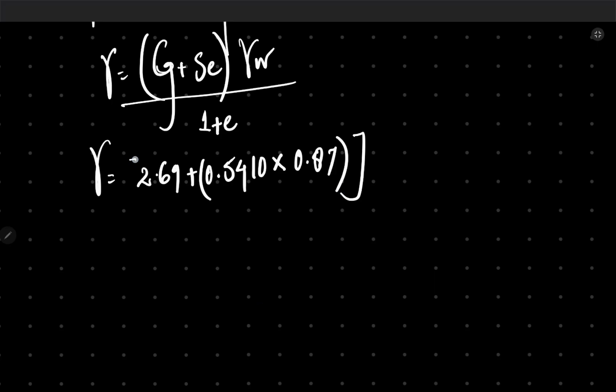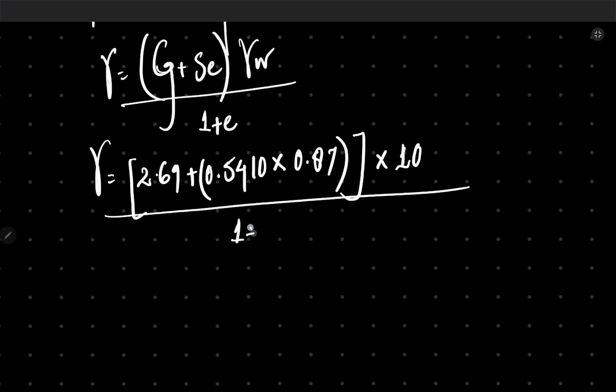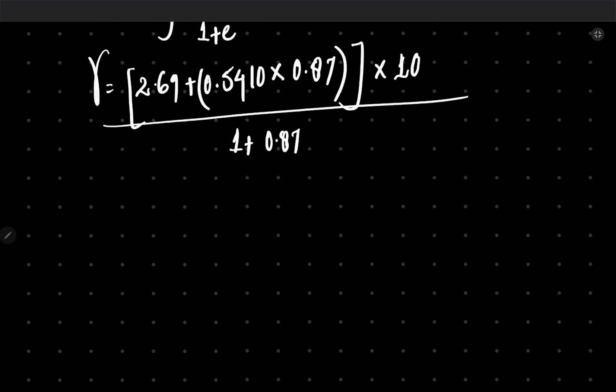And unit weight of water is 10 kilonewton per cubic meter. 1 plus e, where e is 0.87. By calculations the total unit weight or the bulk unit weight is equal to 16.90 kilonewton per cubic meter.